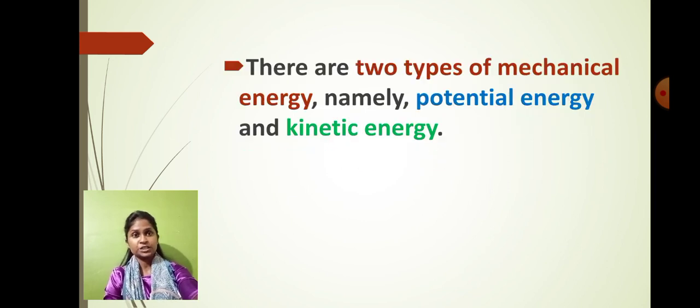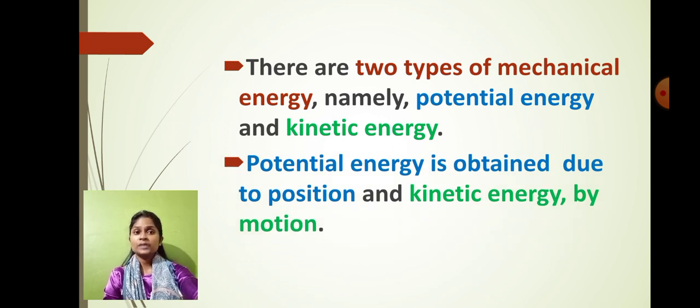Mechanical energy. So students, there are two types of mechanical energy, that is potential energy and kinetic energy. What is the difference between them basically? As you can see, potential energy is obtained due to its position.